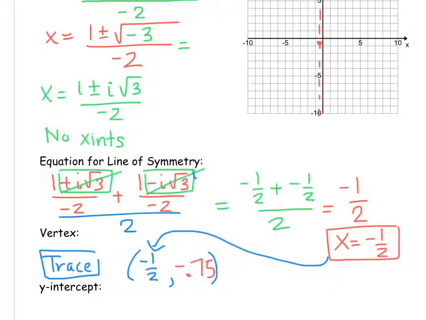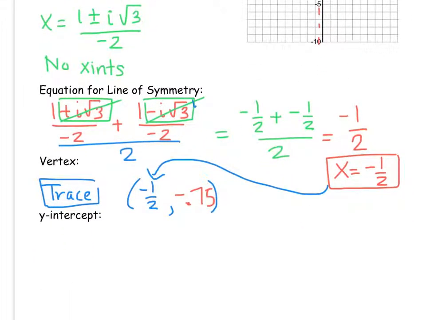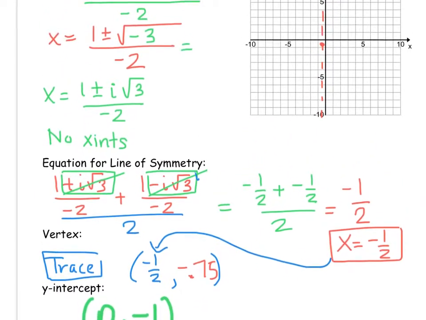And then I have to find my y-intercept by making my x be 0. So 0, comma, something. And I get that something by, once again, going back to my graphing calculator and doing trace 0. I'll get negative 1. So head back up to the graph.